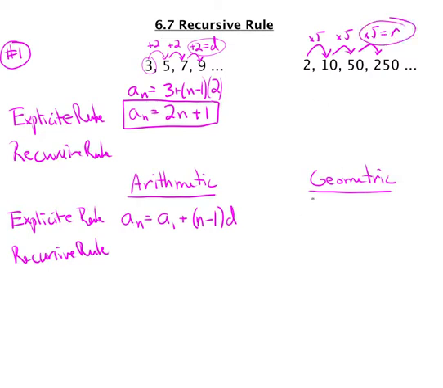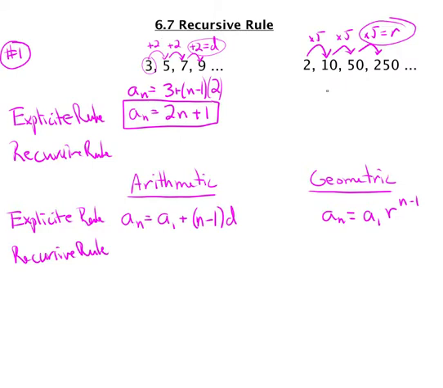So our geometric explicit rule for our geometric sequence is a sub n equals a sub 1 times r to the n minus 1 power.